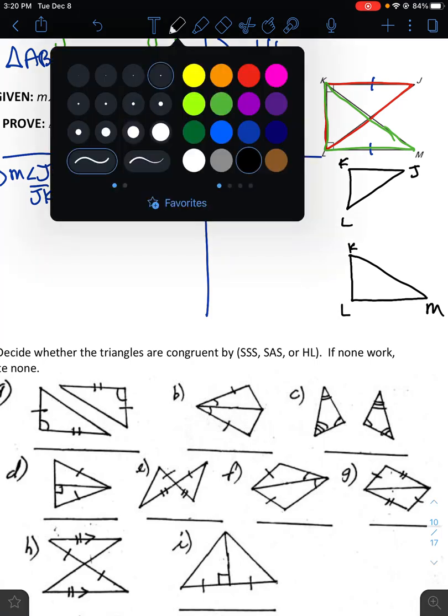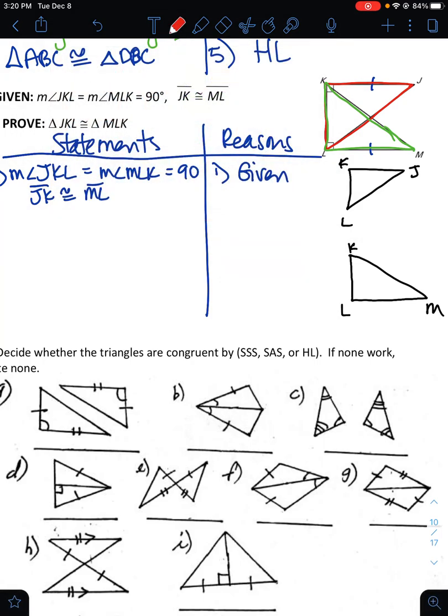And then a lot of times I will relabel my markings. So this was a 90 and this is a 90. And then this saying KJ is congruent to LM. Okay, so sometimes it's easier to see when they're separated out, but sometimes I also need the original picture as well.